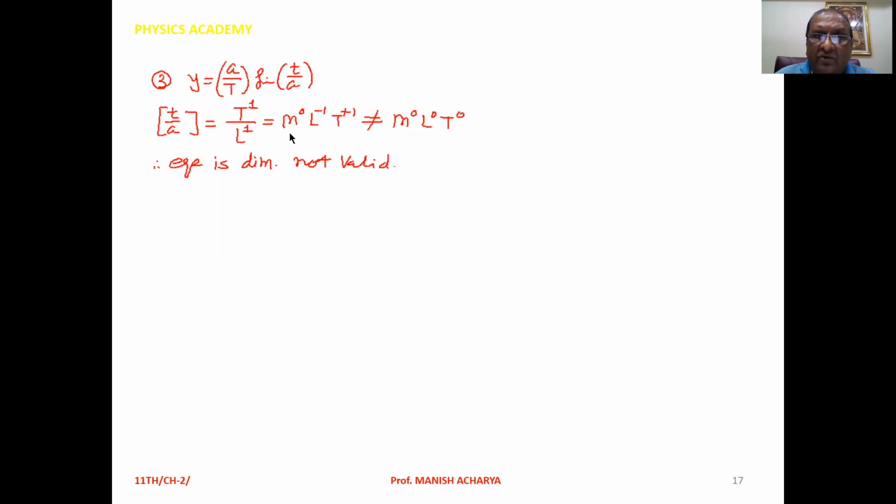So finally you are getting M^0 L^-1 T^1. And that is not equal to M^0 L^0 T^0, and therefore the equation is dimensionally not valid.